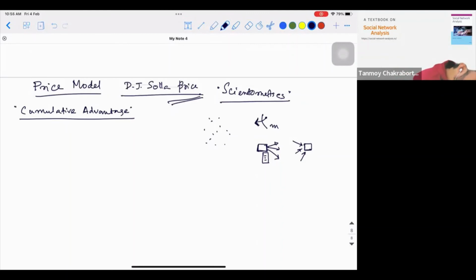Okay, so you may say that out degree can vary because one paper can cite 10 other papers, another paper can cite 20 other papers, so the out degree can vary, right? So he argued that yes, out degree can vary, but the average out degree, since the number of edges is the same, right?